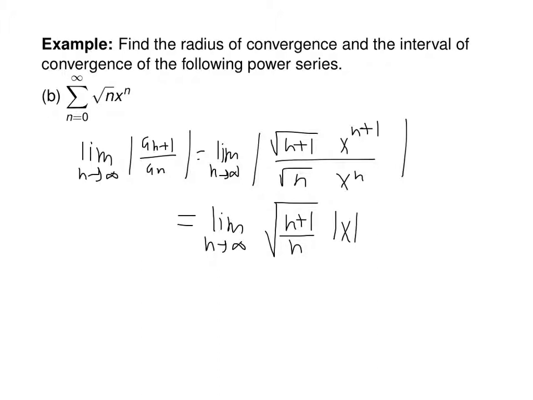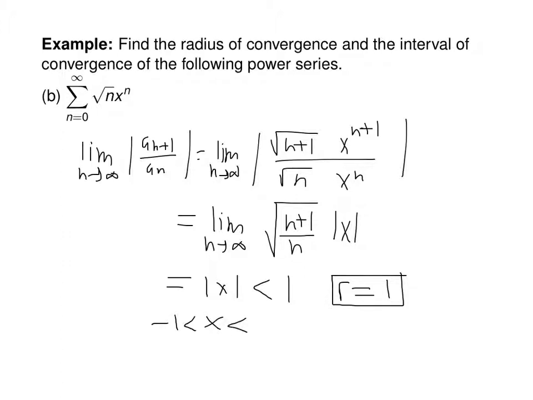And this limit is 1 times the absolute value of x. So we have convergence if this is less than 1. This means that our radius of convergence is R equals 1, and we have negative 1 is less than x, which is less than 1. So now we need to test x equals negative 1 and x equals positive 1 for convergence.